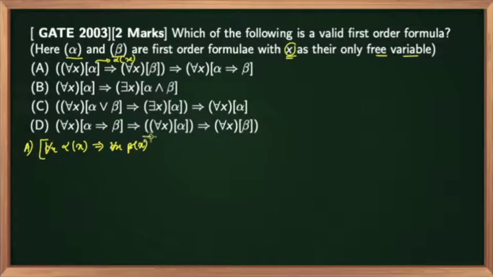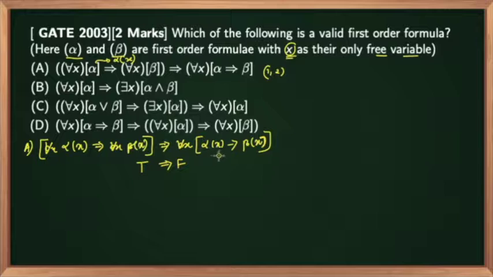See the brackets: this implies for all x, alpha of x implies beta of x. Now, if this is not a tautology, then I should be able to have a truth assignment where true implies false. So let me take the domain as 1 comma 2.